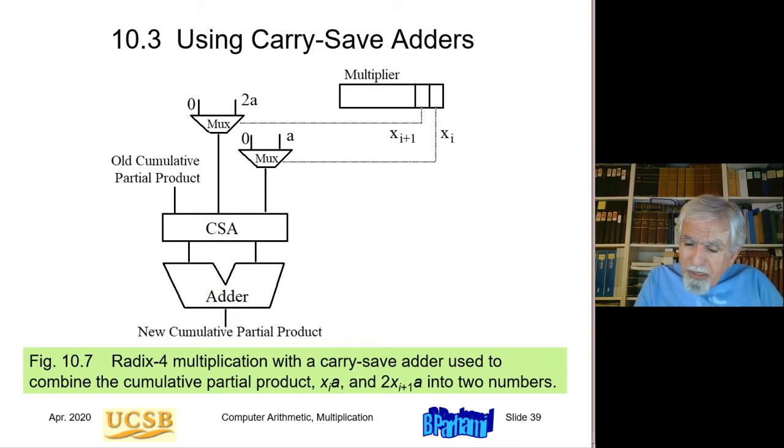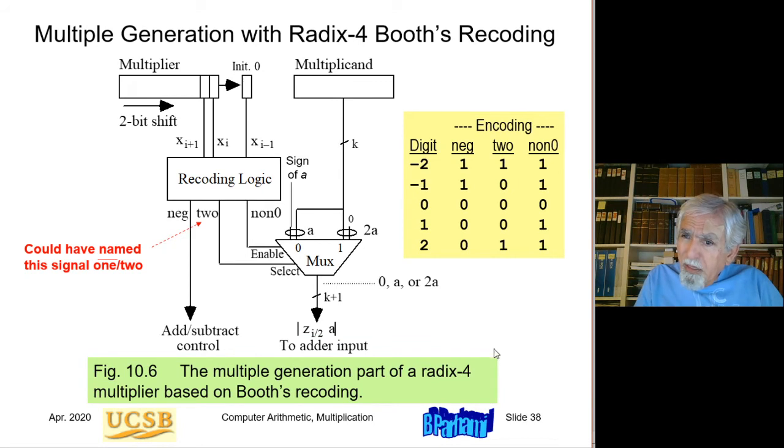So let's compare this to the previous diagram. So remember, here we have a multiplexer and a carry-save adder. Here we have a multiplexer, like there, and the recoding logic. So this scheme will be faster if the recoding logic happens to be faster than a carry-save adder.